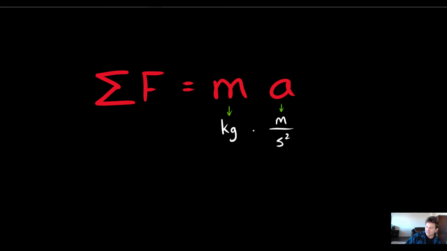Anytime I want to talk about force, people would have to say kilogram times meter per second squared. What that says is that a force is how much it takes to move 1 kilogram of mass and accelerate it at a rate of 1 meter per second squared. So I've got a 1 kilogram block, and I'm going to accelerate it 1 meter per second every second.